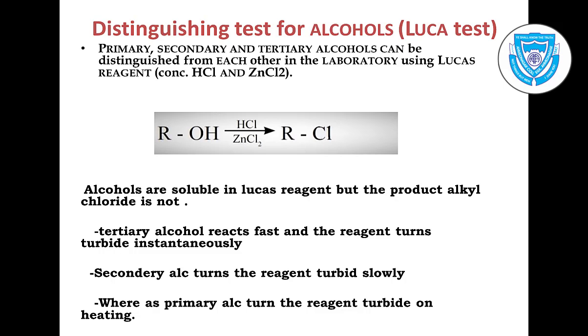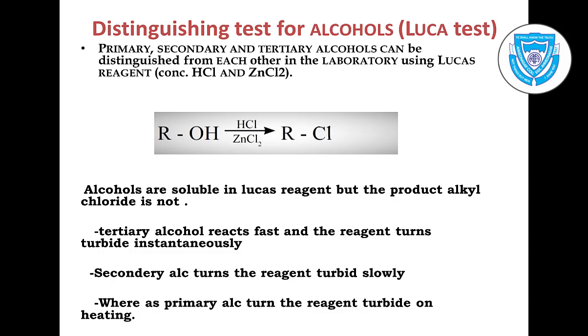And in case of a primary alcohol, we need to heat it and then we can see the turbidity. So the Lucas reagent, a mixture of concentrated HCl and anhydrous ZnCl2, helps in distinguishing between a tertiary, secondary or primary alcohol.